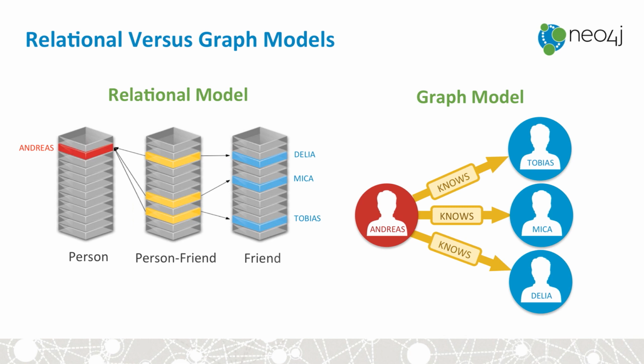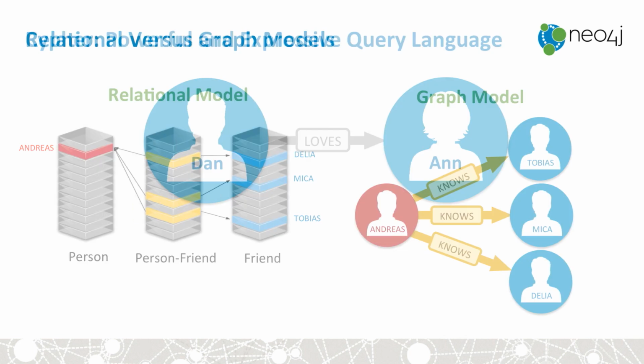That's how the relational model would look. The graph model is just that the person knows this other friend. So Andreas knows Tobias, Andreas knows Micah, Andreas knows Delia. It's a very simple model that's easy to understand.